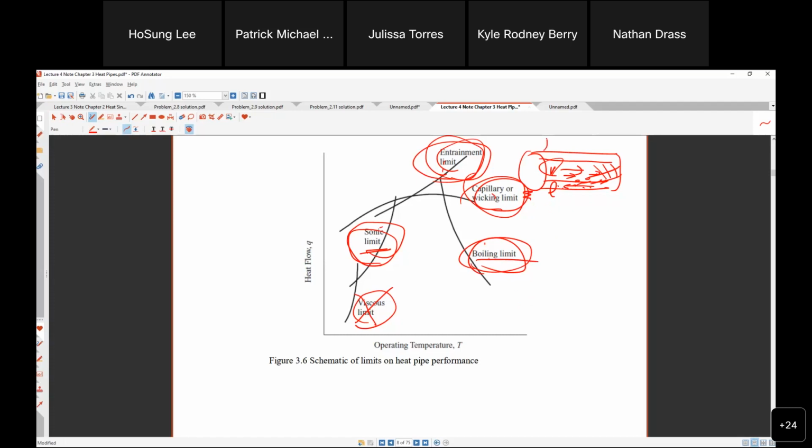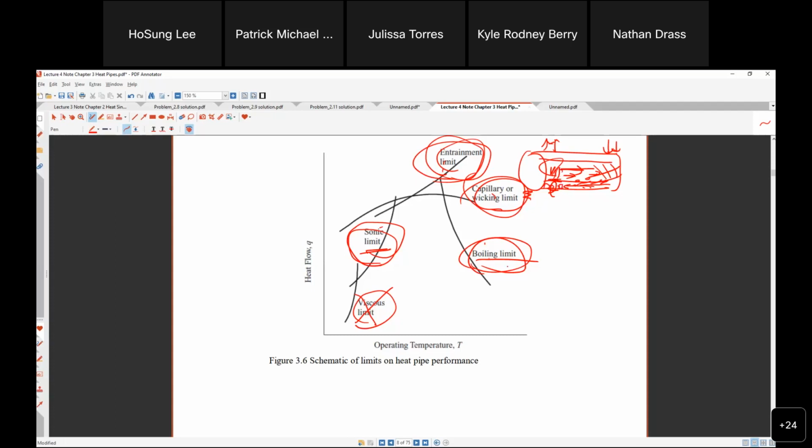Here, evaporation and condensation. It's a liquid flow, vapor flow. We like evaporation taking place at the liquid surface. But boiling is vapor forming in the liquid rather than interface evaporation.